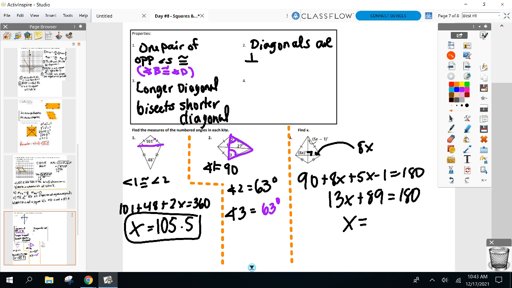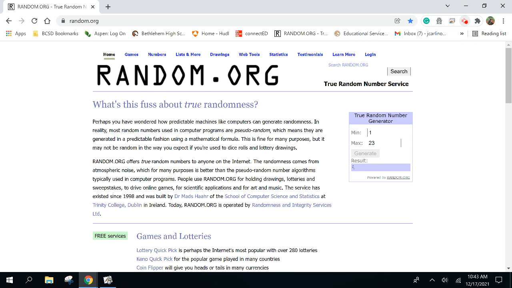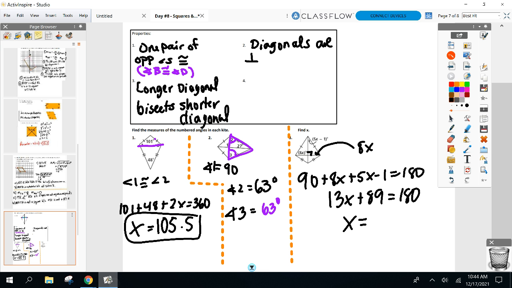And x on this one comes out to be 8 when you're ready. Take your time. Is it 20.7?